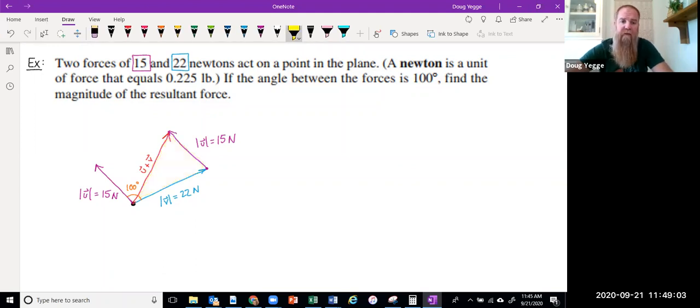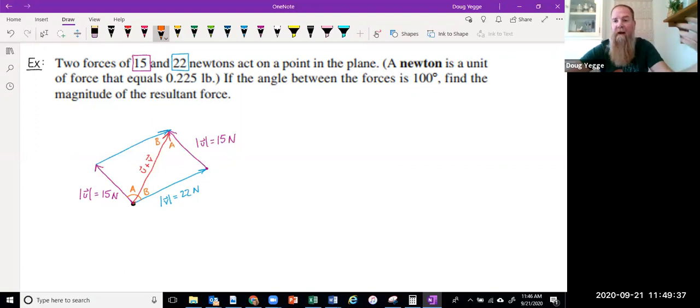So the only information we have is the fact that the angle between the vectors is 100 degrees. If we do draw that last side, we could call this angle A and this angle B, because notice it didn't cut the 100-degree angle directly in half.